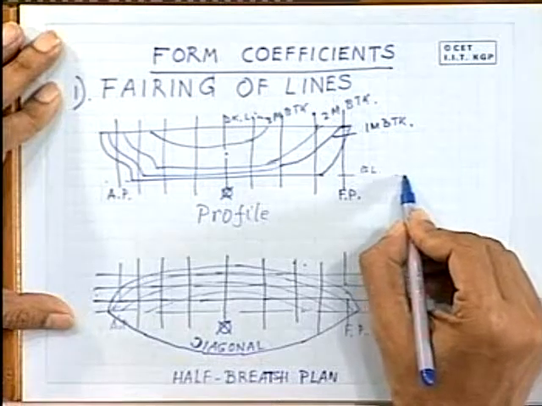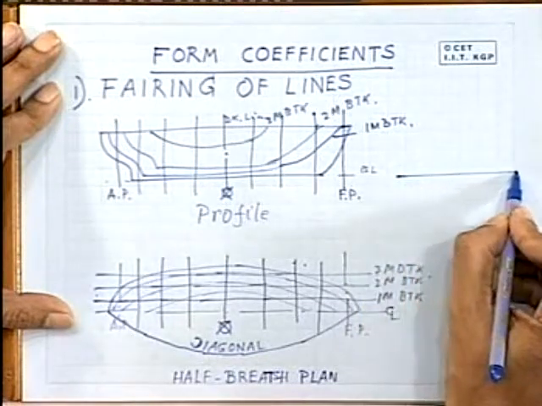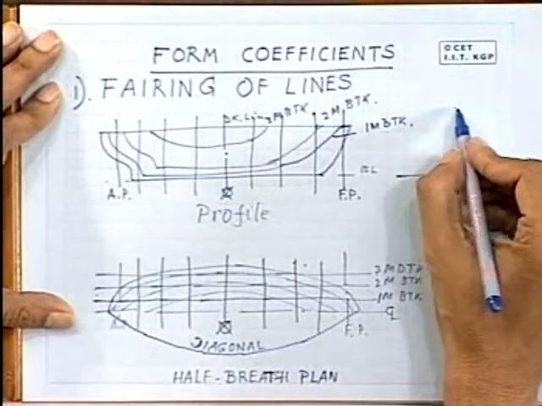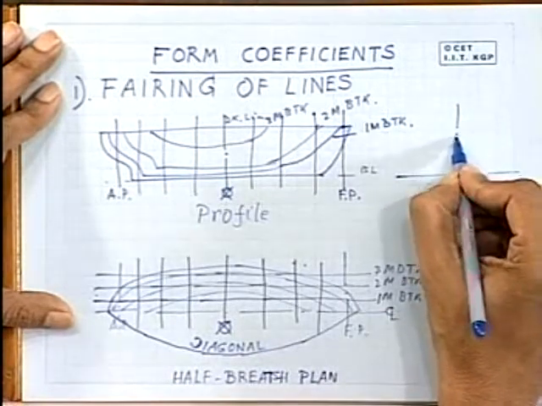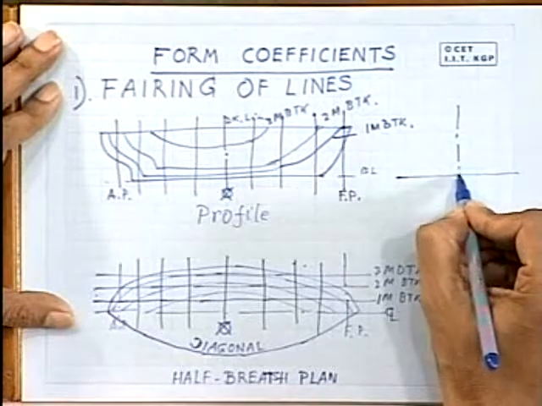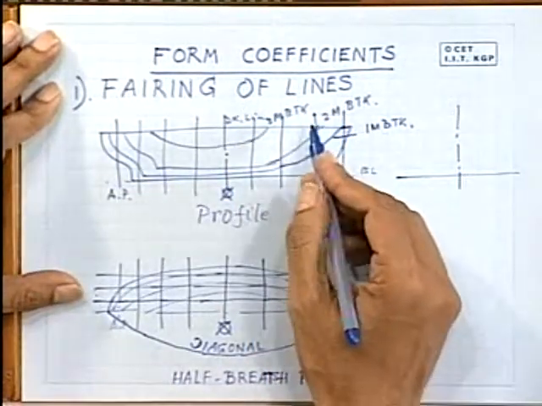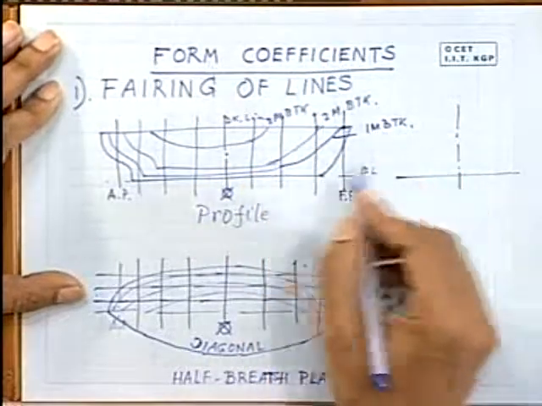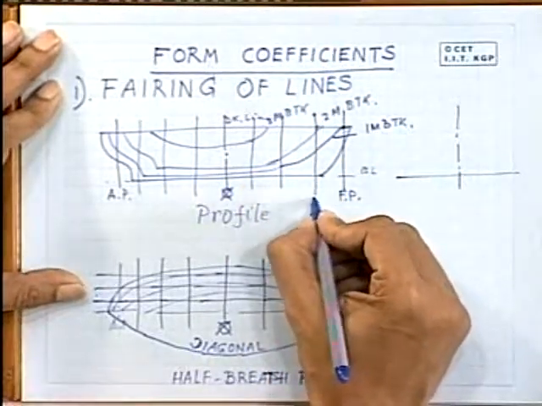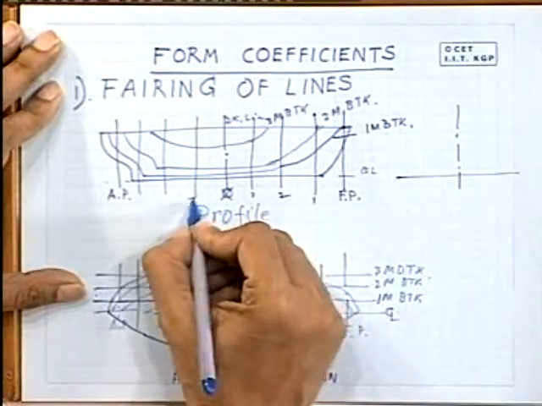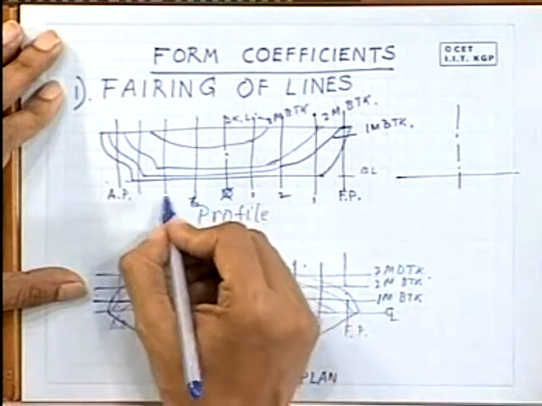Now next is the body plan sections. For the body plan sections, you simply extend the baseline on the right hand side and draw the sections, that is the transverse outline of the hull form when vertical planes come at these stations, say station 1, 2, 3, 4, 5; these transverse planes intersect the hull.